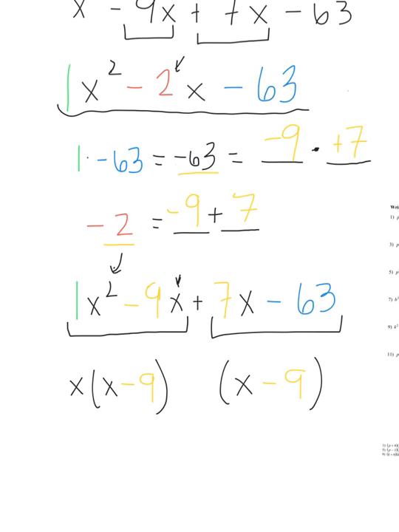And then we're going to look at the second pair of terms, 7x and negative 63. And we're going to figure out what number would go on the outside to make it 7x minus 63. And that number is going to be 7. I'm going to change the colors here so that you guys can see this next part a little bit better.